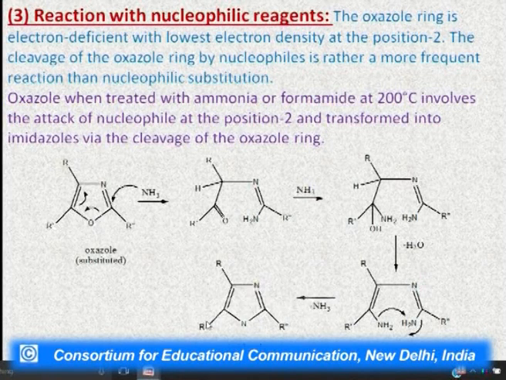Here oxazole is converting into an imidazole by nucleophilic attack. First of all, ammonia will attack the oxazole and ring opening occurs, and we get a ring-opened alicyclic product which will then lose a molecule of water, react with ammonia, lose a molecule of ammonia, and finally give us a substituted imidazole.